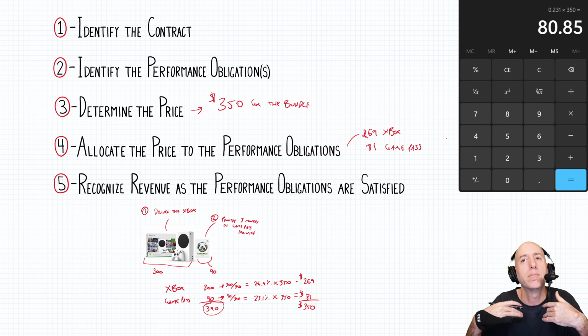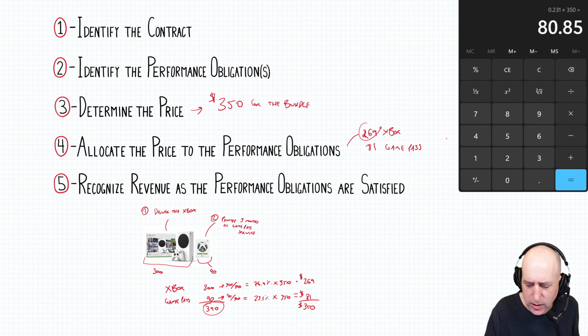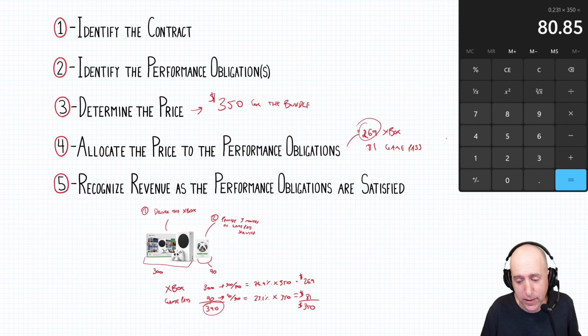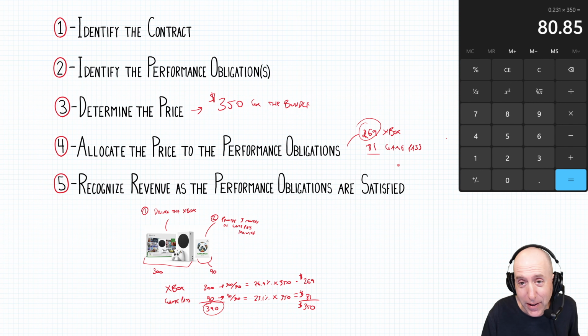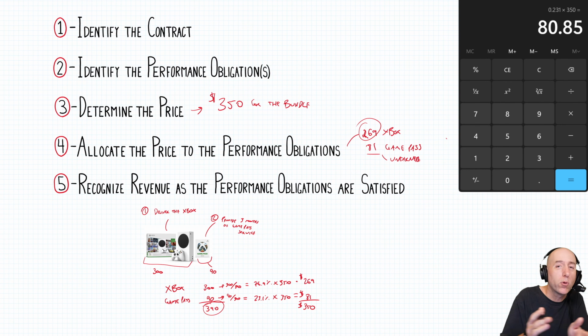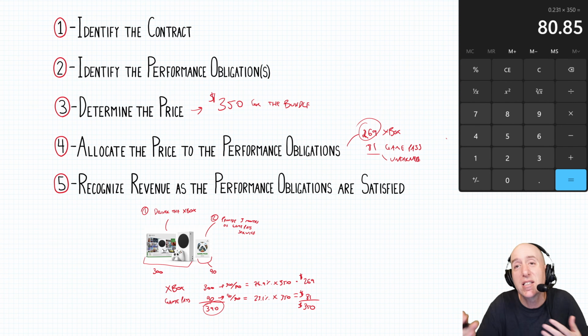They're happy with it. I've earned that $269 on like day one. This $81, this is not even revenue yet. This is unearned revenue until the 3 months is up, right? We're going to earn this revenue a month at a time as that subscription expires.